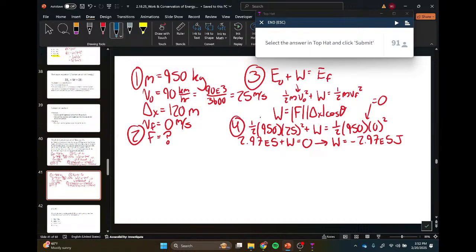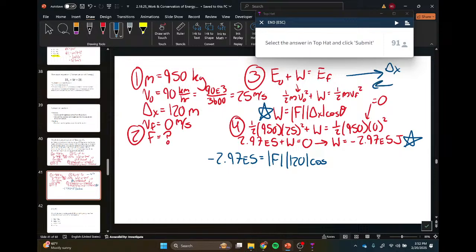All right, so then we're going to use this blue equation with our work. Negative 2.97 times 10 to the 5 is going to equal my force times my distance times cosine of the angle. My car is moving to the right. The brakes are going to make a force to the left.